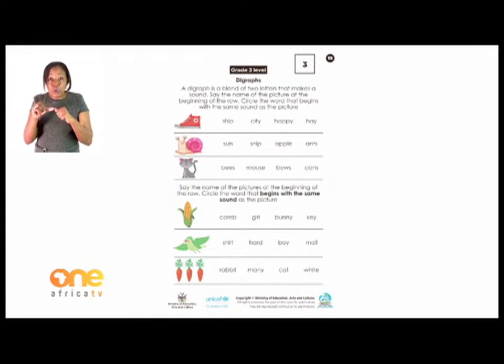Which word is starting with the sound of the name of that picture? And the third picture also, what is the sound which the name of this picture is starting with? You circle that word. Are we together? Okay. I think that is fun. Enjoy.